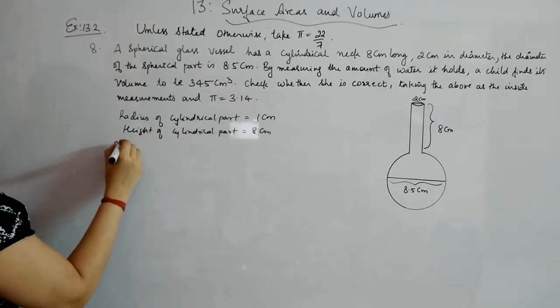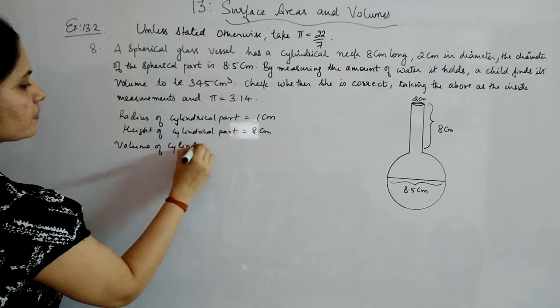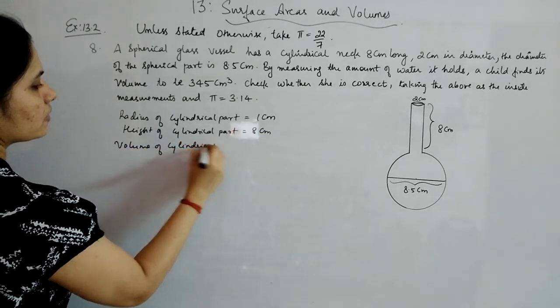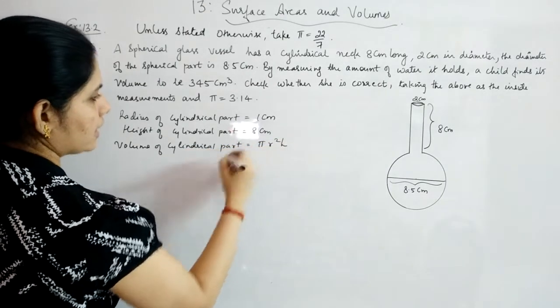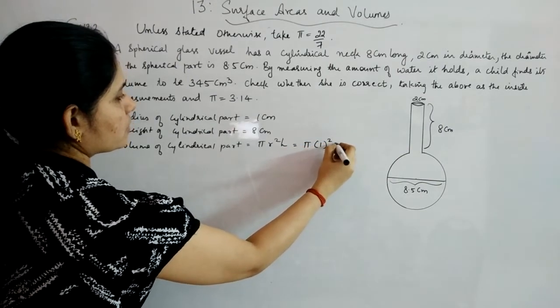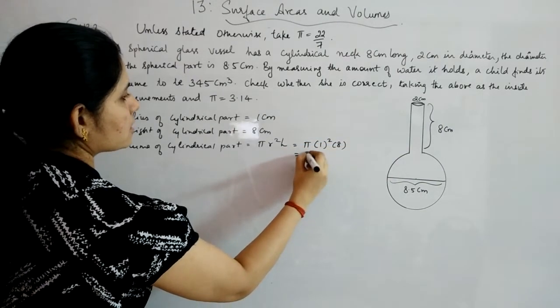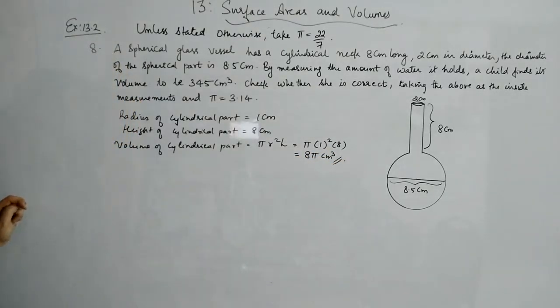So now we can find out the volume of the cylindrical part, which is equal to pi r square h, which is pi into r is 1, so 1 square into 8, so you are getting 8 pi centimeter cube as the volume of the cylindrical part.